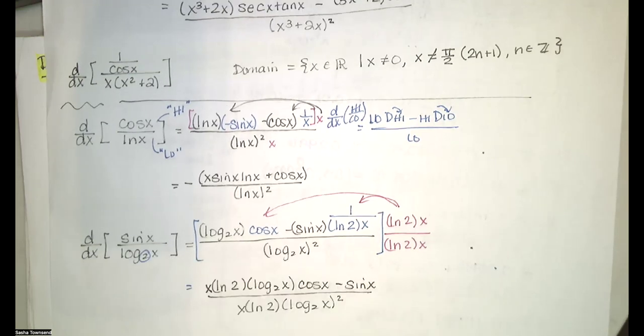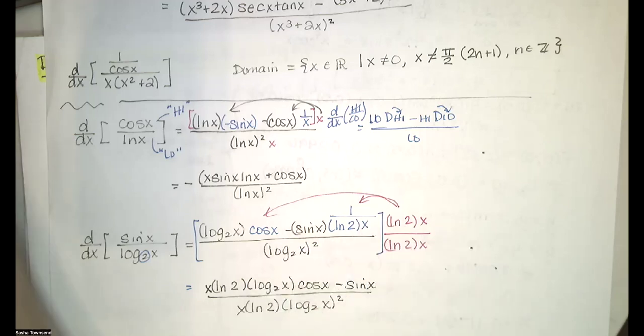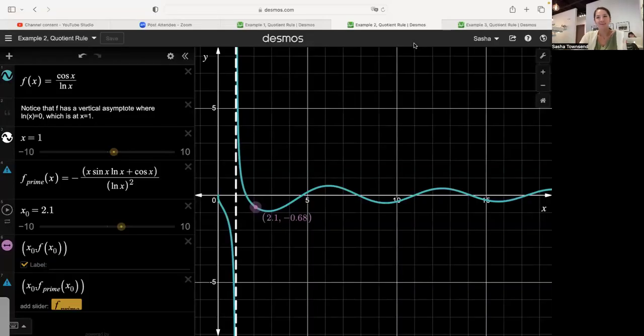So let's look at these on desmos.com, make sure that we're typing everything in the way that desmos.com wants it typed in. And then we'll look at the slope of the tangent line at a particular point and confirm that these are actually giving us formulas for the slope of the tangent line at particular locations. Okay, so this is our example, f of x equals cosine of x divided by natural log of x.